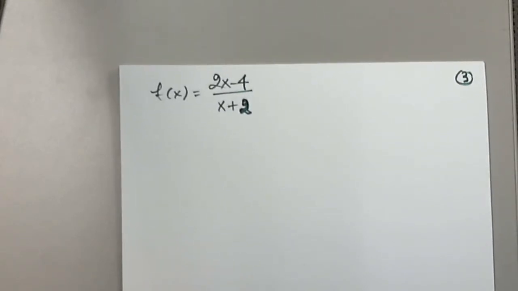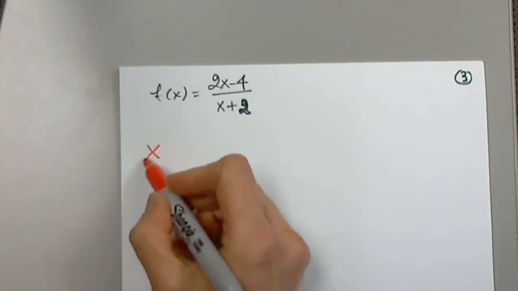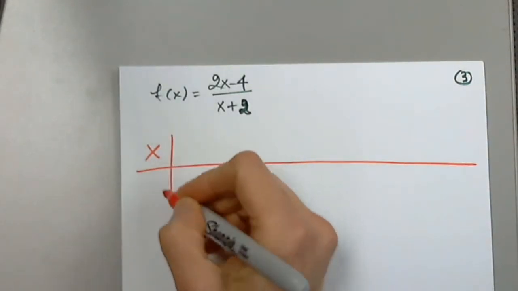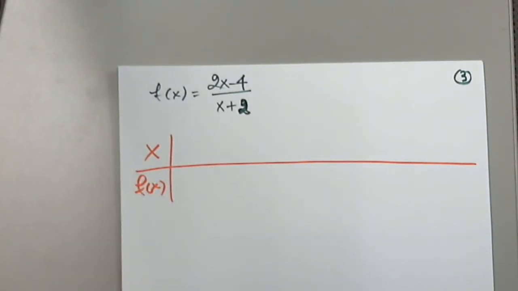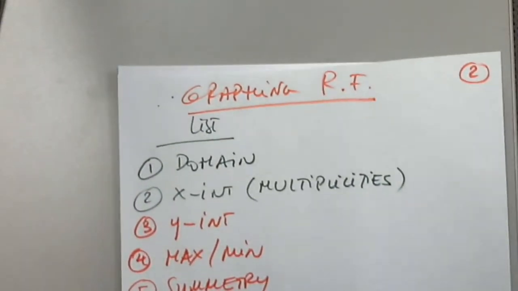Like before with polynomials, I'm going to get my chart going. And I will put all the information in my chart, all summarized in there. Okay, so I'm going back to my list. As I said, the first time will take a little bit longer.